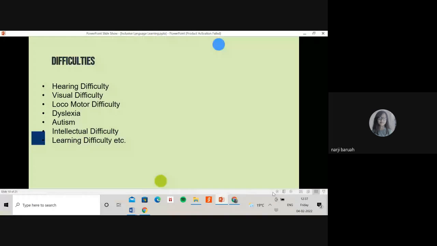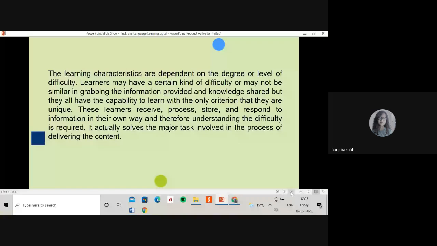Coming to the next slide. The learning characteristics, these are dependent on the degree or level of difficulty. Learning characteristics, you all know that each and every one of the students in the class might have different learning characteristics, or a certain group of students in a particular class might have similar learning characteristics.